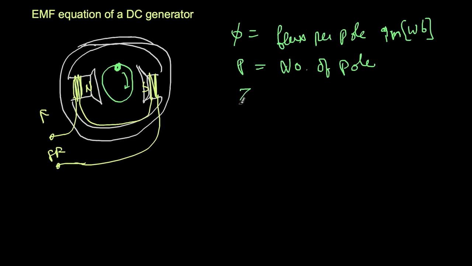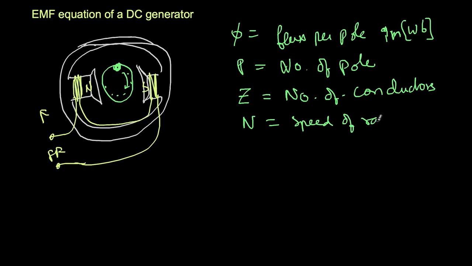Now let's denote a quantity Z, which is the number of conductors. I had shown only one conductor here, but like this there will be a number of conductors spread across this armature.